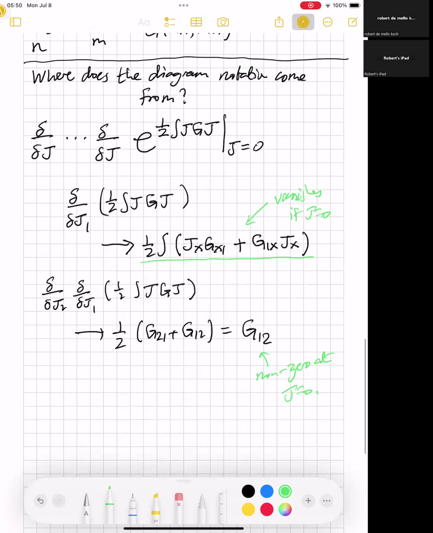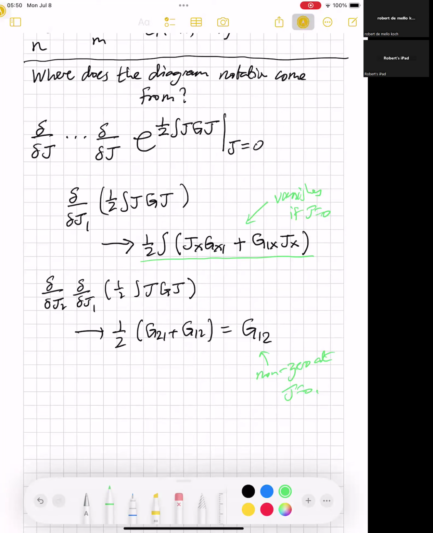So we must act with a pair of derivatives in order that when we act on the exponent, we get something that doesn't vanish, okay? So we must act with a pair of functional derivatives on the exponent to get something that doesn't vanish. But which pair we act with really doesn't matter.